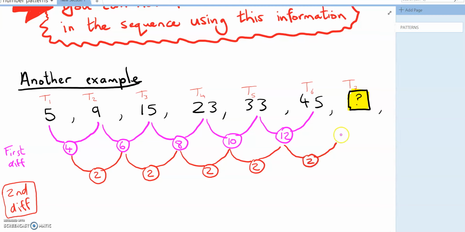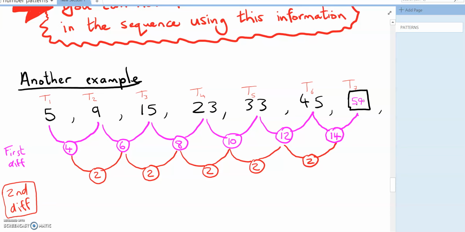So this next number up here must be 14, because 12 and 2 is 14. Now I know that 45 plus 14 will give me term 7. So term 7 is 59. Okay, see how I did that?